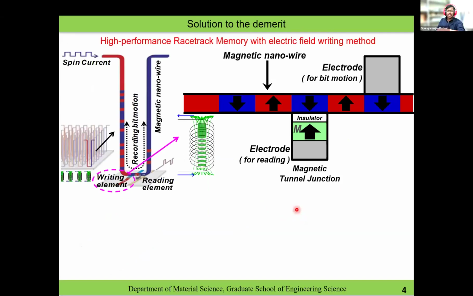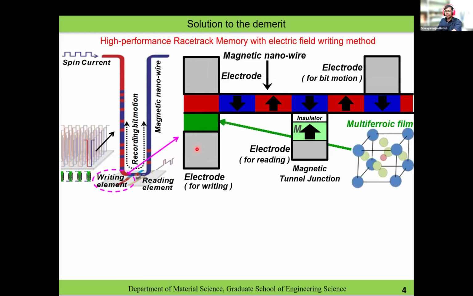Like you can see here, I showed, and like I said, in the IBM, if we'll be using the coil to write data, instead of this coil, I can introduce a multiferroic thin film.